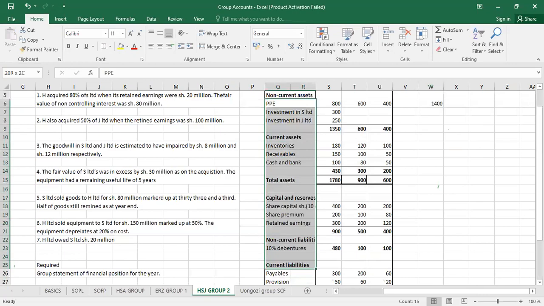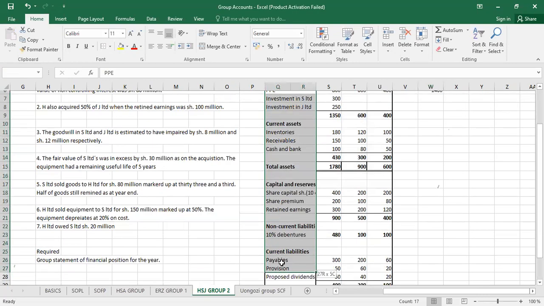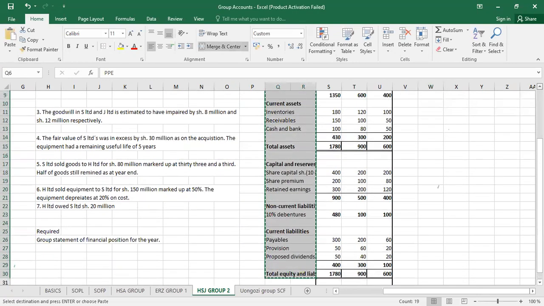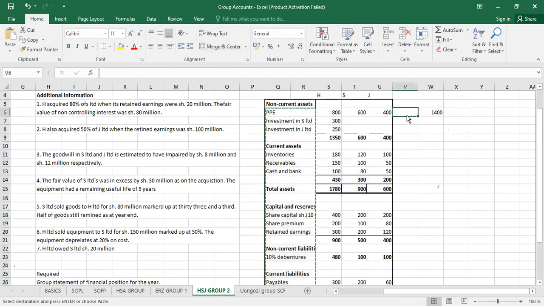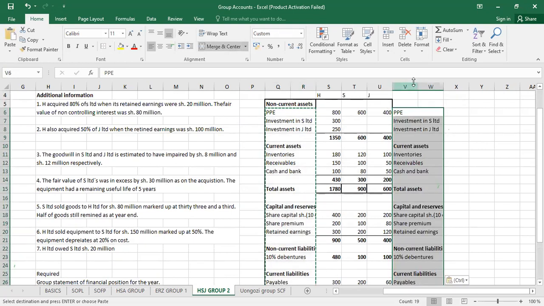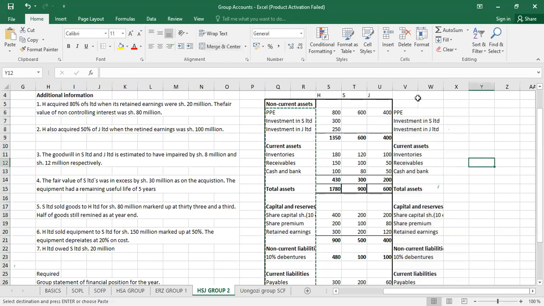Then maybe you copy this one, the format here. So this one will be a little bit faster. Then you paste it here, Control V, isn't it? I widen the space. So then this investment in S will be changed to goodwill.